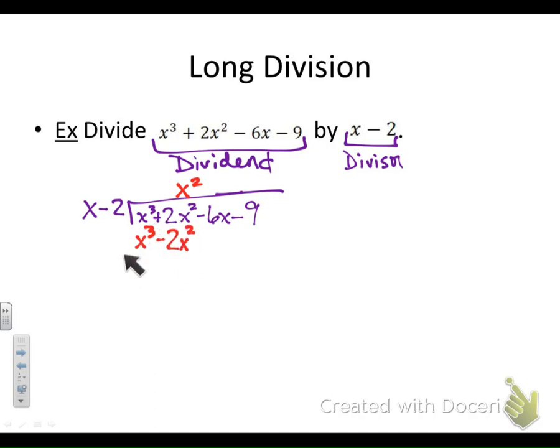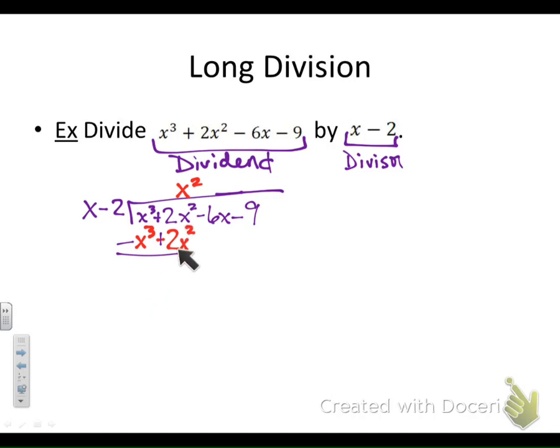Now after you multiply the divisor times what you wrote down, you have to subtract this term. When we subtract, both signs get changed, and then we combine them. X cubed minus x cubed, the x cubed term goes away.